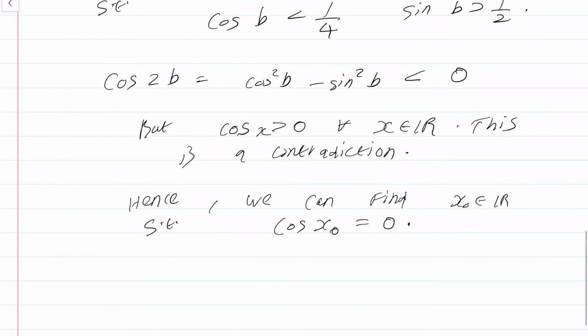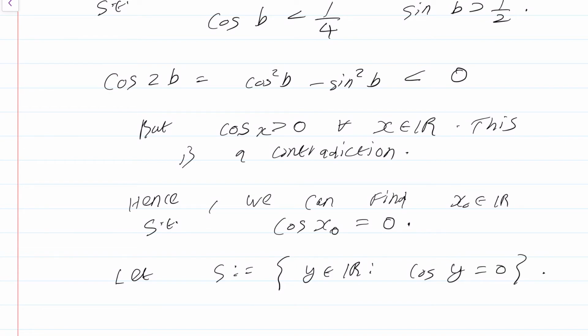Okay, now what we are going to do with this is we can define pi the following way. Let S be the set of all y in R such that cos y is equal to 0.